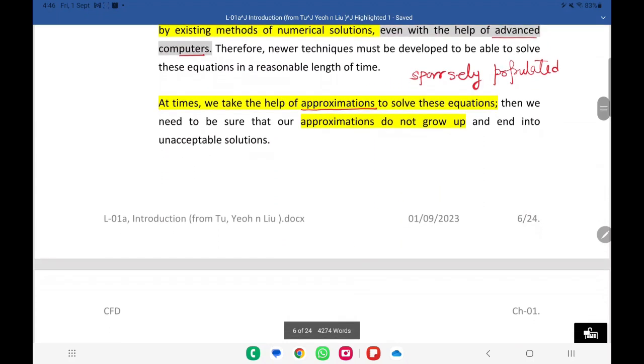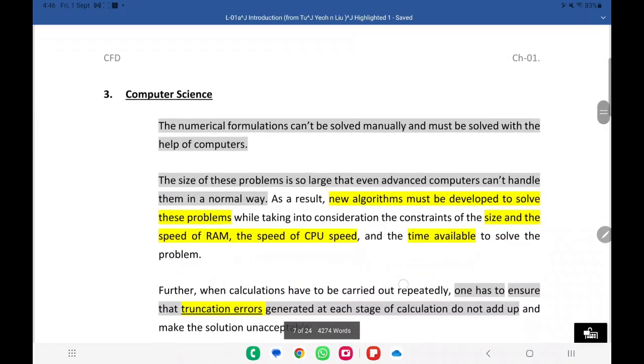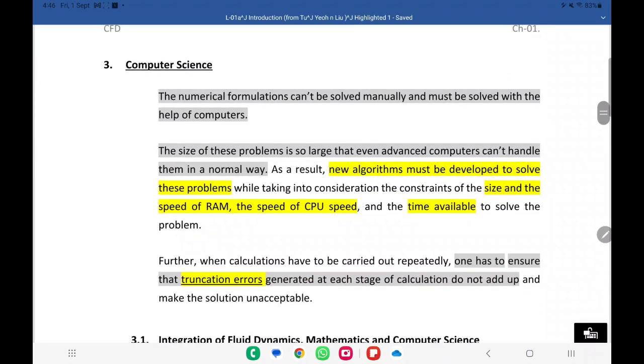And then we talk about computer science. Okay, so you have seen that we have physics, and fluid is such a case where all types of equations come into play, right?